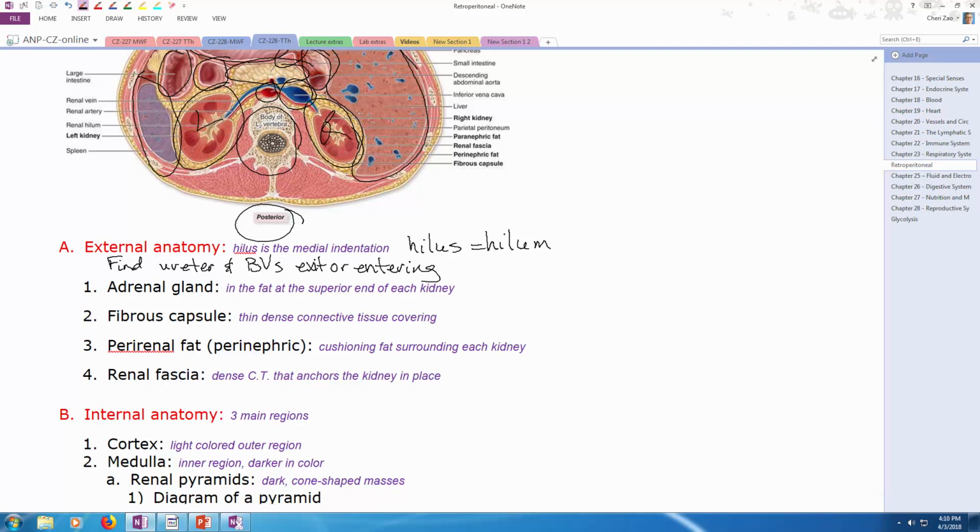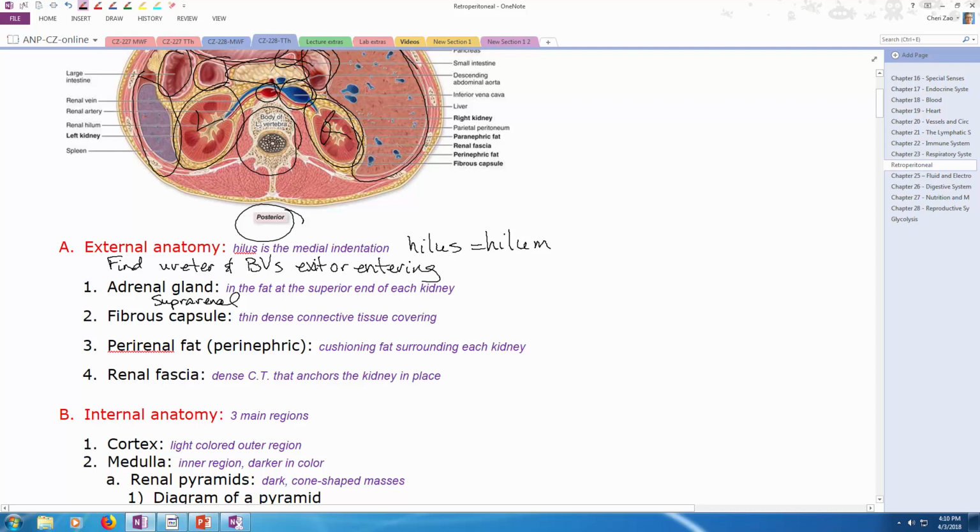The adrenal glands are in the fat at the superior pole or superior end of each kidney. They sit on top of our kidneys and have a tendency to drift a little bit medially. But because of that location, they also have another name called suprarenal. So they're the suprarenal glands.